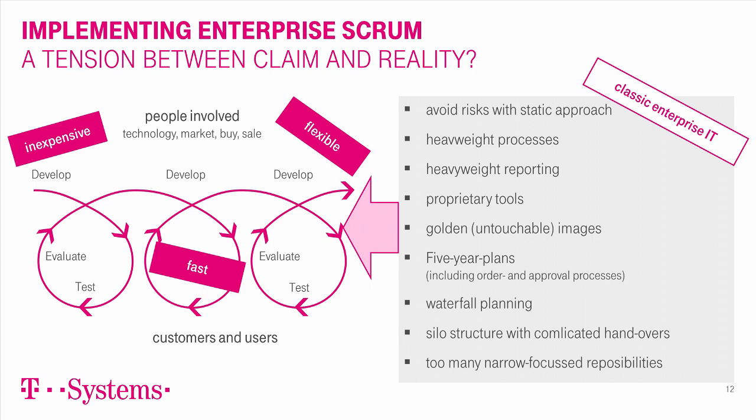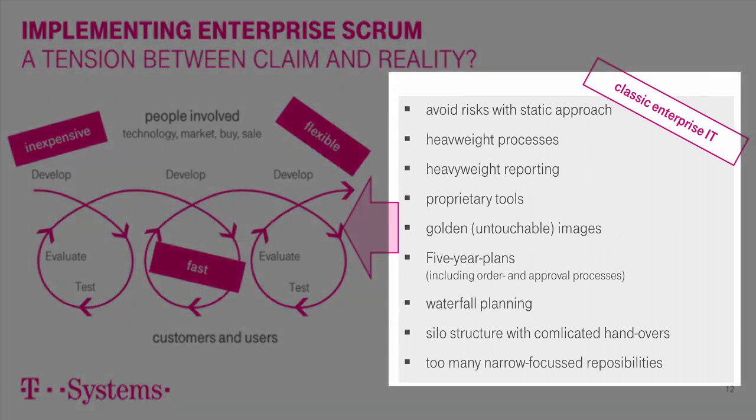As we have talked a bit about agile methods, you may wonder how to implement this in your unit, in your team. Do the statements on the right-hand side in the gray box look familiar? Classic IT avoids risk with a very static approach. So there are heavyweight processes. There is heavyweight reporting. You are forced to use proprietary tools and cannot pick them.